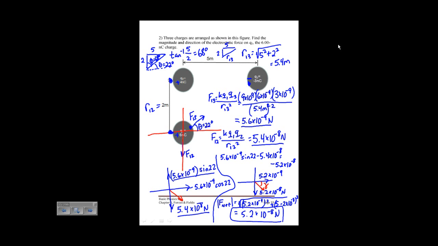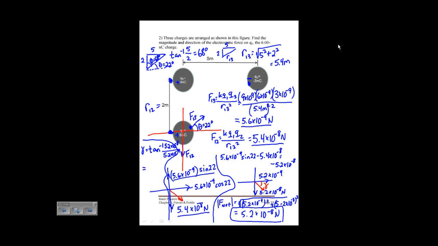And then I also want to find this angle gamma. I'm running a little out of space over here, so I'm going to do it over here on the side. To find gamma, it's going to be the inverse tan of opposite over adjacent. That is, the opposite is 5.2 times 10 to the minus 8 over 5.2 times 10 to the minus 9.